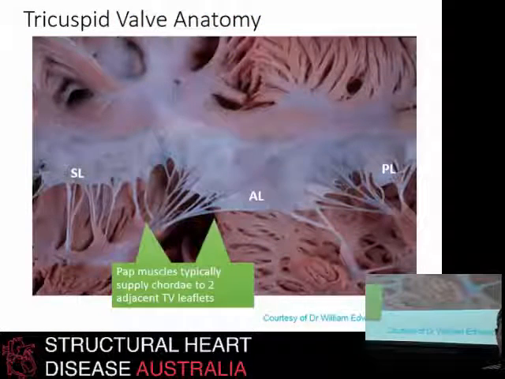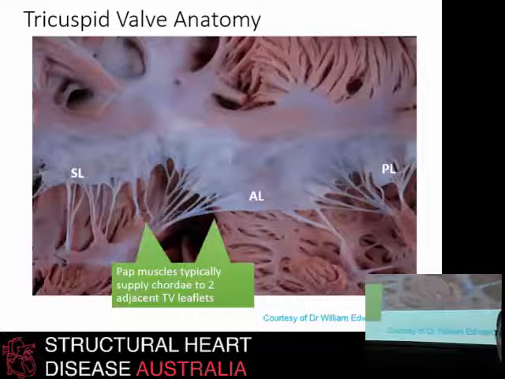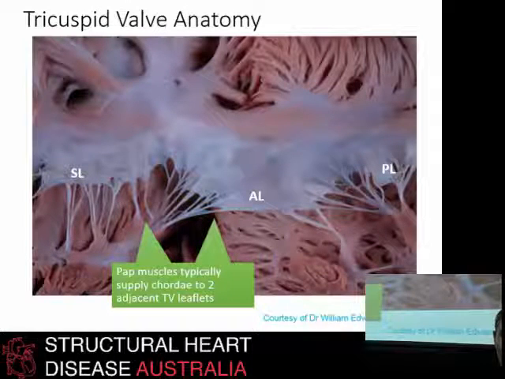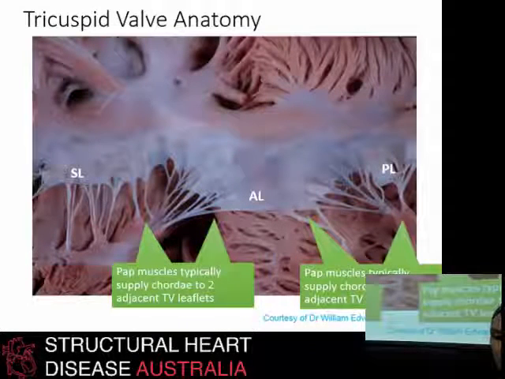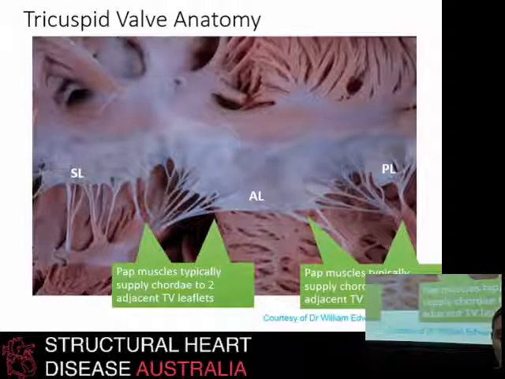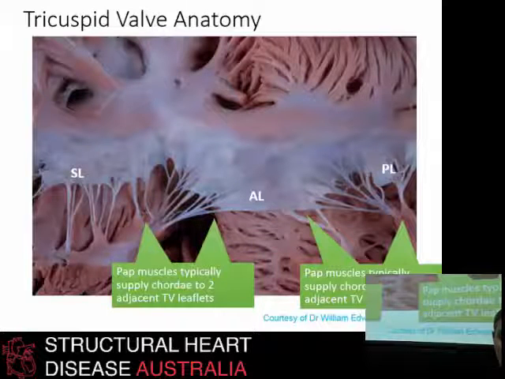The tricuspid valve papillary muscles typically supply chordae to two adjacent leaflets. The anterior papillary muscle often supplies the septal and anterior leaflets, and the medial papillary muscle gives chords to the anterior and posterior leaflet. But in addition, there can be other chords arising directly from the septum, from the right ventricular myocardium, and also from the moderator band.